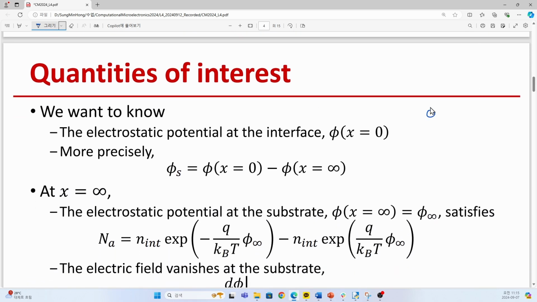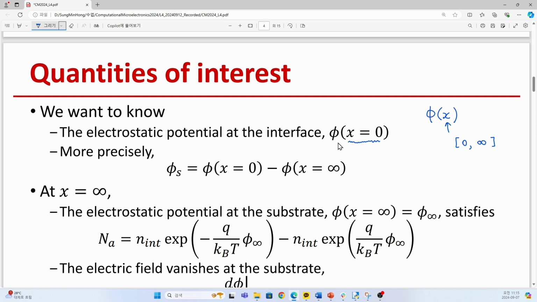Although phi can be defined all over our x position, starting from 0 and expanding up to positive infinity, the most important one for our purpose is the one at x equal to 0.